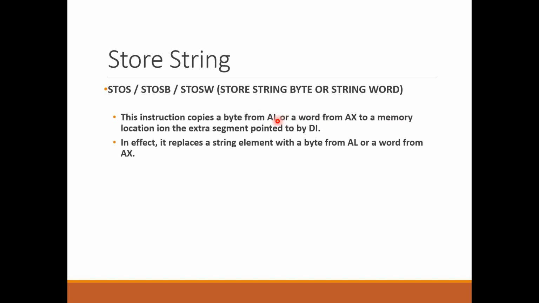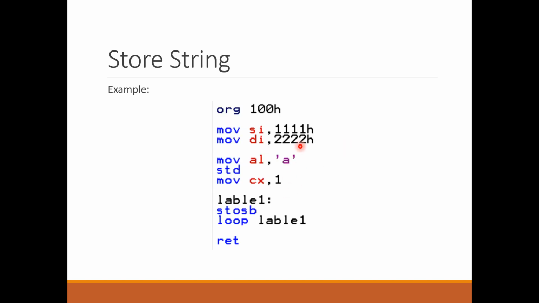So when it is a byte, the data goes from the AL to that memory location, but when it is a word, the value of AX is going to be stored in those memory locations. In this case, when you are using AX, or when you are using a word, two memory locations are going to be occupied.